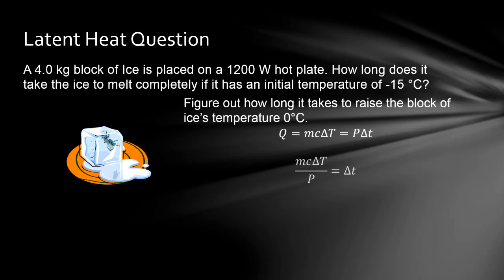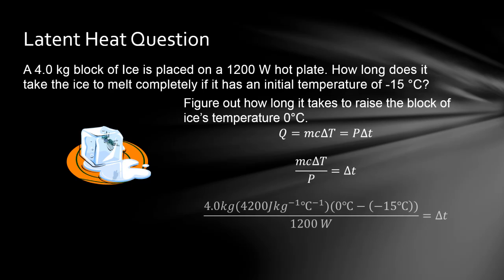Using algebra and rearranging, the mass times the specific heat capacity of ice times the change in temperature divided by the power of the hot plate is going to equal our time period. Substituting my numbers in and solving for the time period, I get that the time it takes to raise the temperature 15 degrees, from negative 15 degrees Celsius to 0, is 210 seconds, or 3.5 minutes.